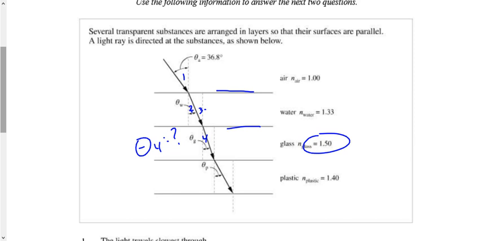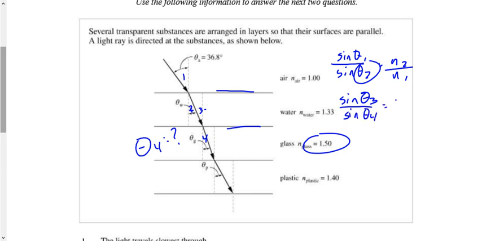So what I could do here is say sine theta 1 over sine theta 2 equals n2 over n1, get theta 2, and then say sine theta 3 over sine theta 4 equals n4 over n3, solve for theta 4, knowing that theta 2 is the same value as theta 3.